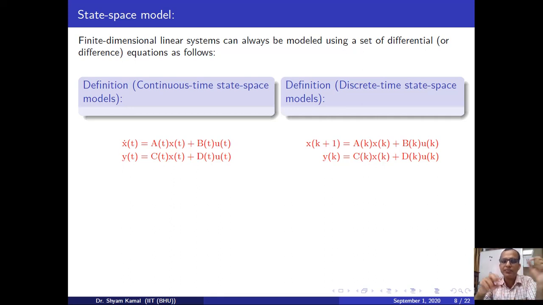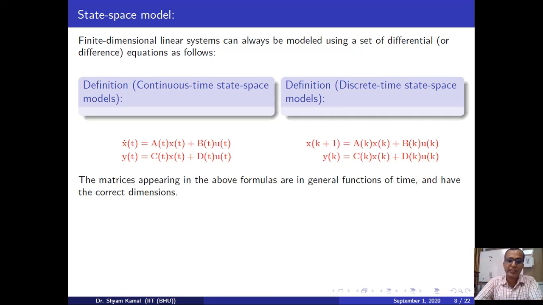Please be careful that I am talking only about linear, finite dimensional systems, and A(t) is also a function of time, so it is not a constant matrix. We will define the dimensions of A(t), x, and u(t). A(t) is called the system matrix, B(t) the input matrix, C(t) the output matrix, and D(t) is the coupling between output and input.